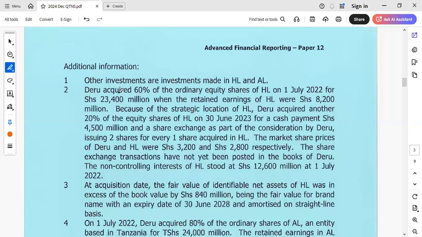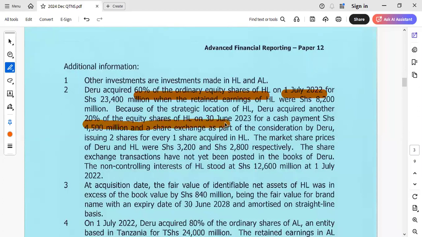Note number 2, we are seeing that Deru acquired 60% of ordinary equity shares in HL. That was on 1st July 2022. But they are telling us that because of the strategic location of HL, Deru acquired another 20% of equity shares of HL.